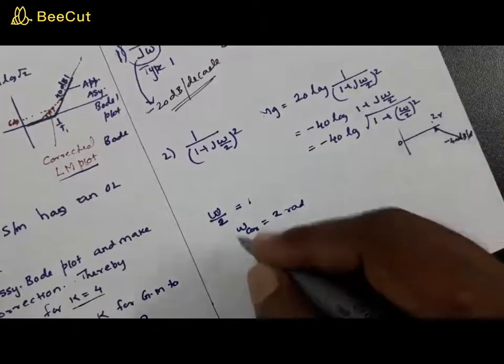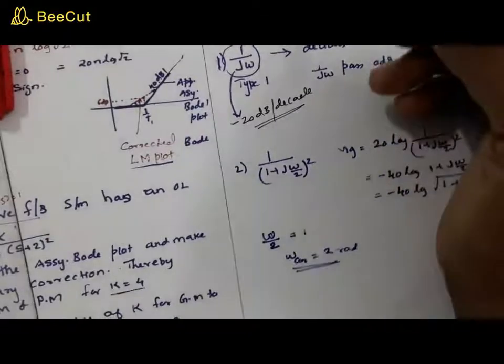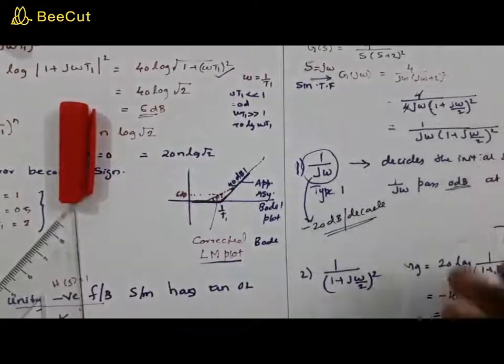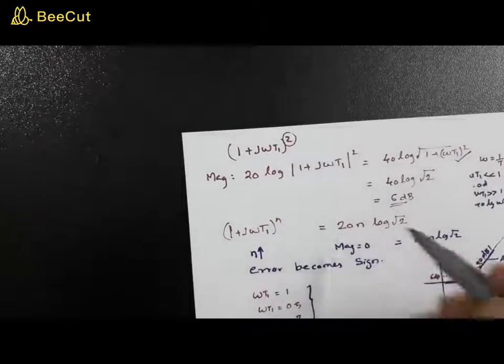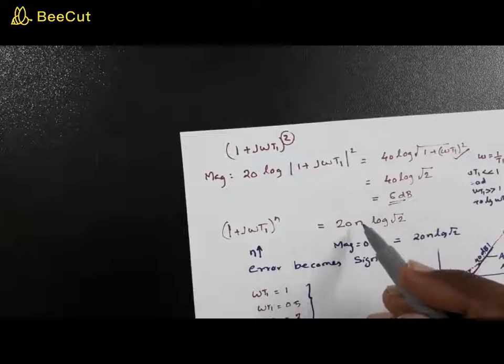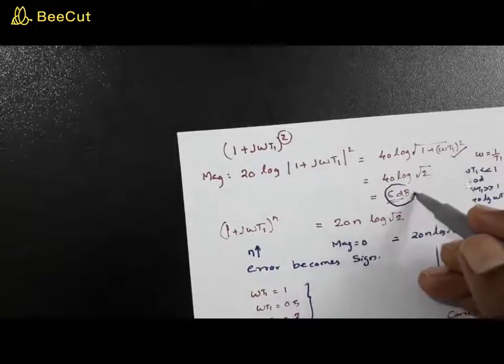And it is at this corner frequency that, as we have studied, a correction is to be made, because at the corner frequency, since n is equal to 2, what is the error that can occur? This will be 20 into 2, or there will be a 6 dB error at the point.